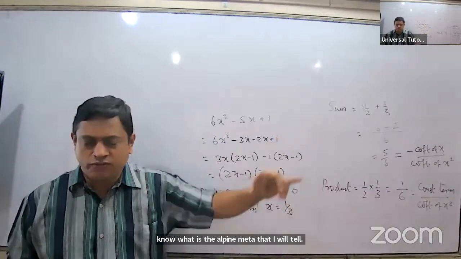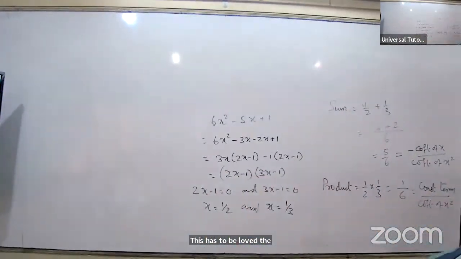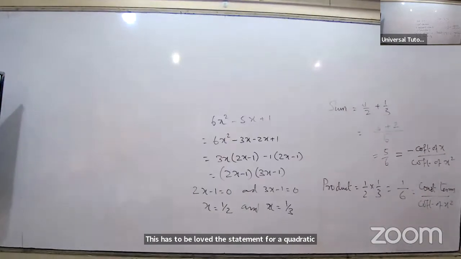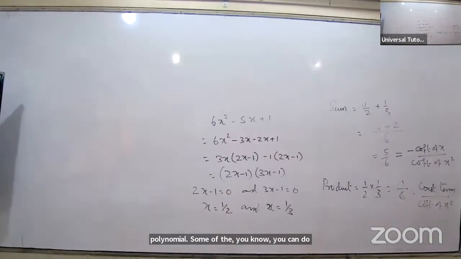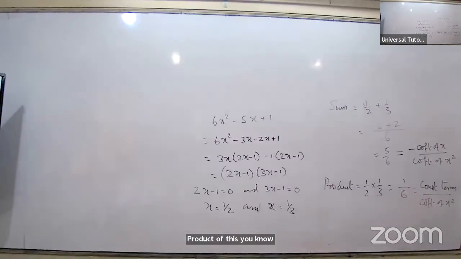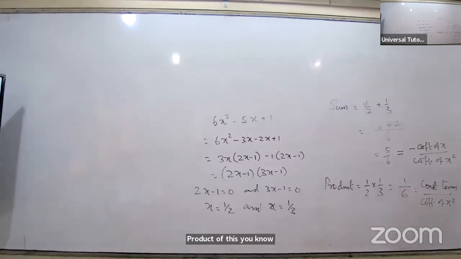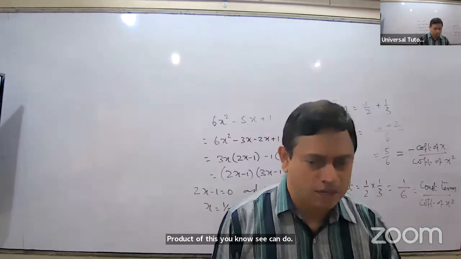This statement for a quadratic polynomial: the sum of the zeros is equal to minus coefficient of x upon coefficient of x square. The product of the zeros is equal to the constant term upon the coefficient of x square. Have you followed? So the question will come this way: obtain the zeros and verify the relations.